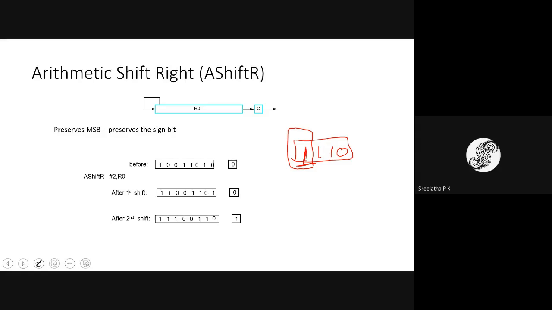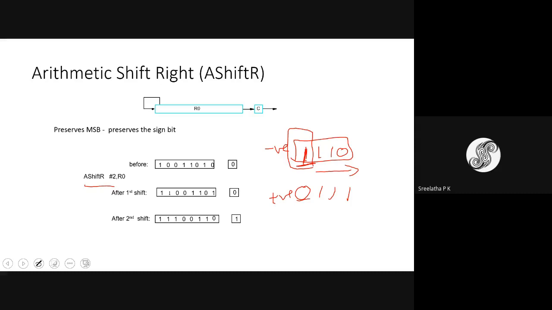Now when I just do the right shift, the content is moved and there is free space and 0 gets filled. That means this negative number becomes a positive number. Correct? So whenever there is an arithmetic operation in a problem or in assembly language programming, you use arithmetic shift right. It means you want to retain the most significant bit value, whether it is negative or positive.